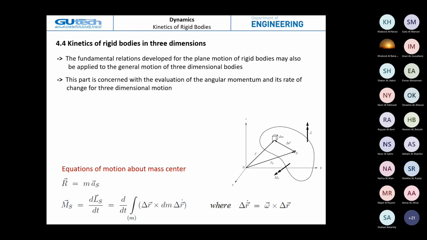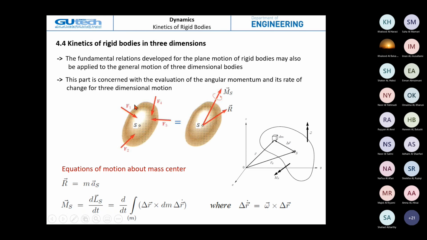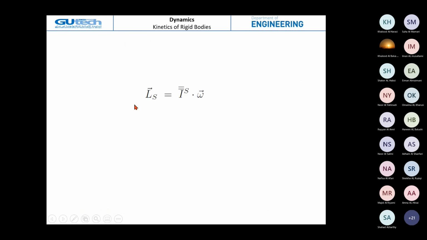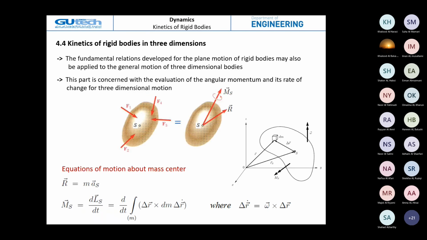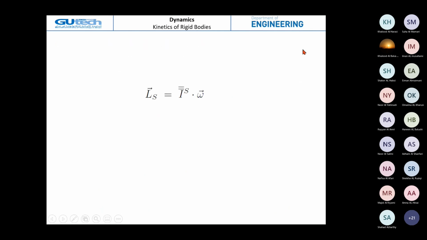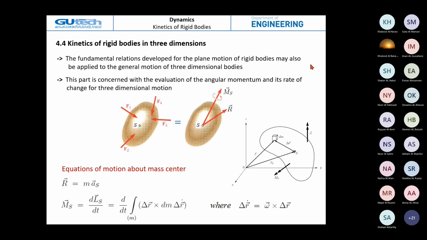Now, we have seen this in 2D or in plane problems. Now we look at the kinetics of a rigid body in 3 dimensions. The fundamental relations developed for the plane motion of a rigid body may also be applied to the general motion of three-dimensional bodies.